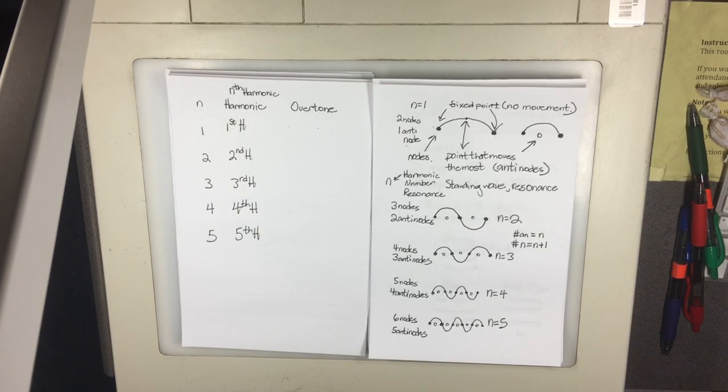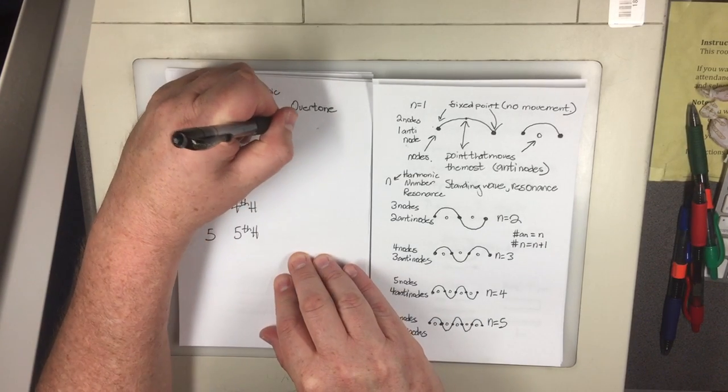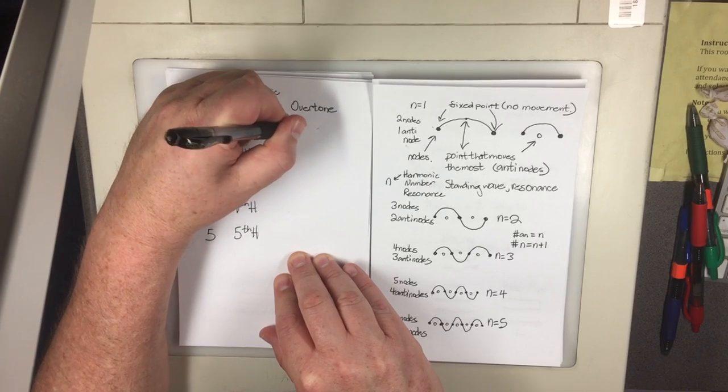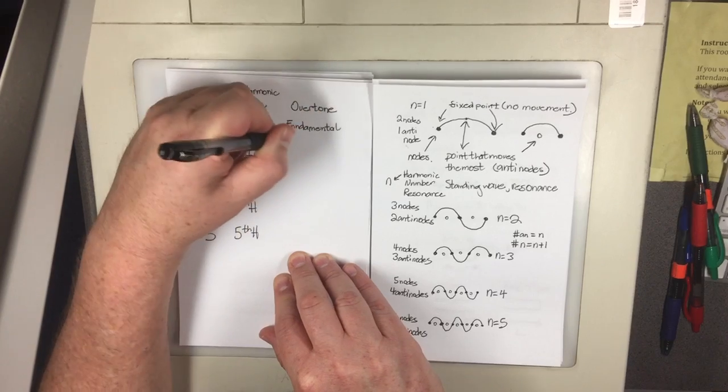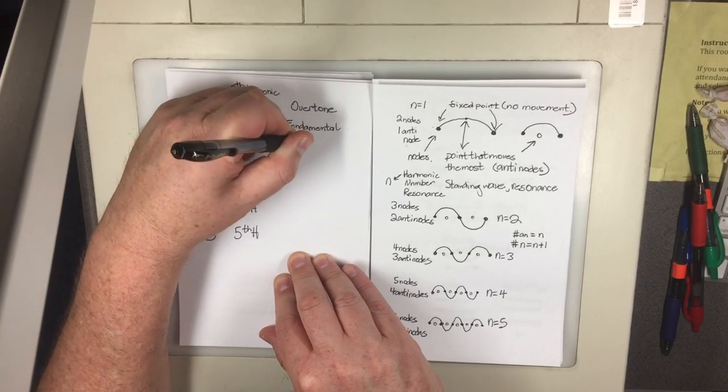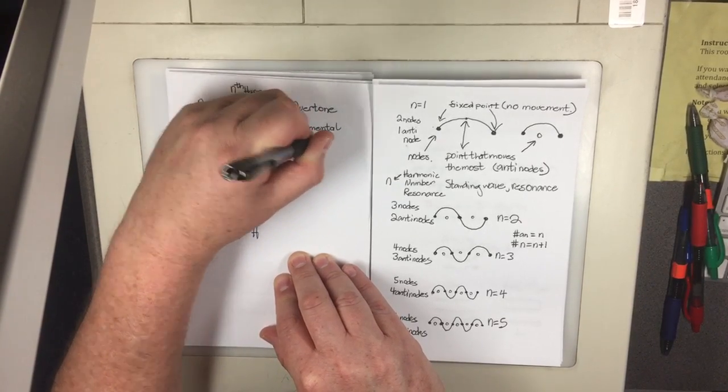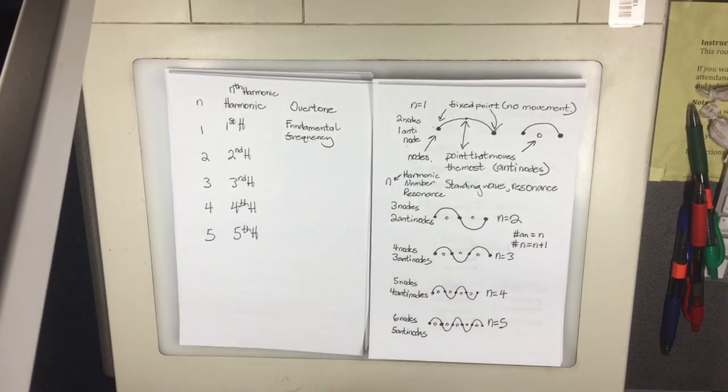The overtone system is another way of describing these same tones. It's using a different way of naming. In the overtone system, the first harmonic is what they call the fundamental frequency. It is the first frequency at which this thing resonates, and so they name it the fundamental frequency.